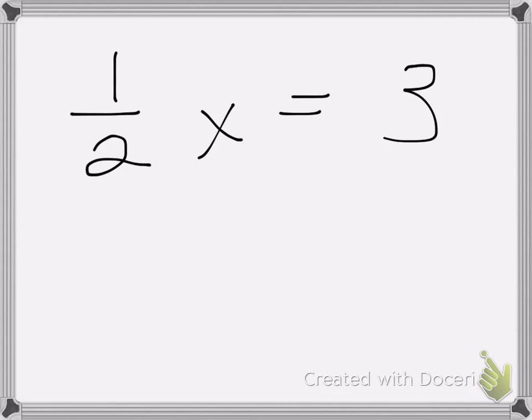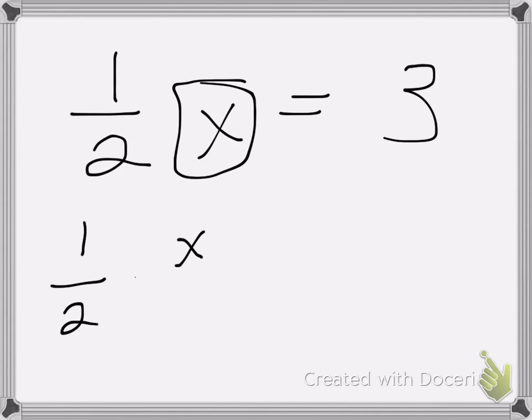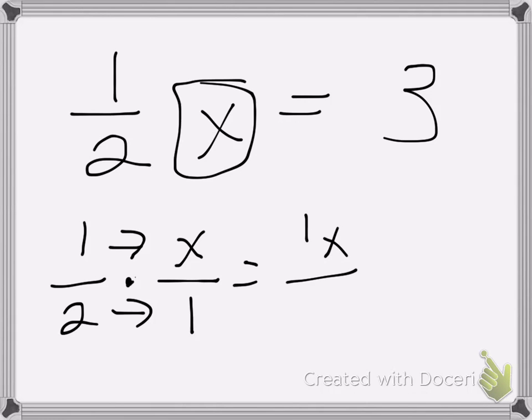Well, what's going on between the 1/2 and the x? You're right, multiplication. But here's how I would do it. You've got two different ways. You can say 1/2 times x is the same thing as 1/2 times x over 1, right? When I have fractions and I multiply straight across, technically that equals 1x over 2.